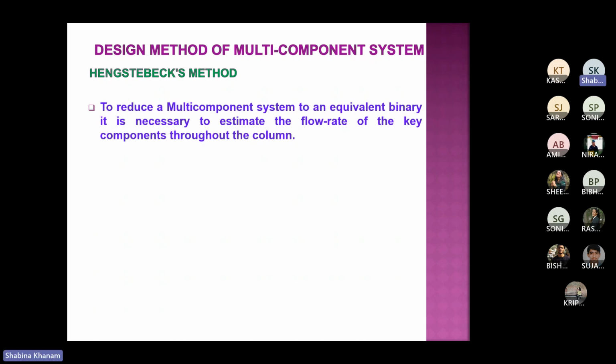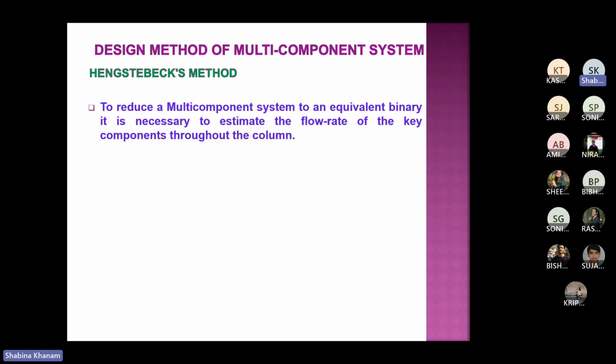You will remain with the flow rate of only key components, right? Just see the language and then you will understand. But the thing is, you need to collect all non-key components in the light section together, and all non-key components in the heavy section together.